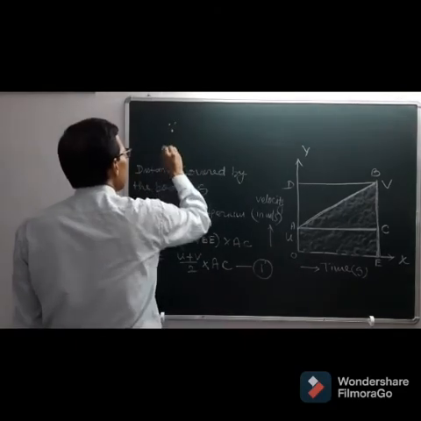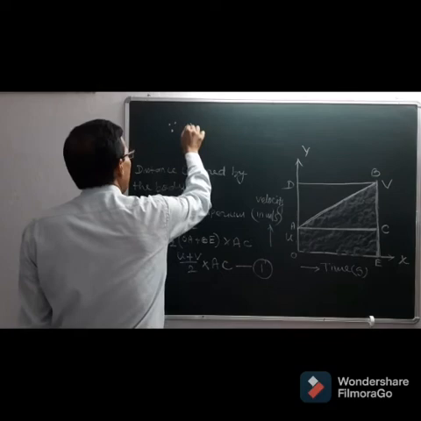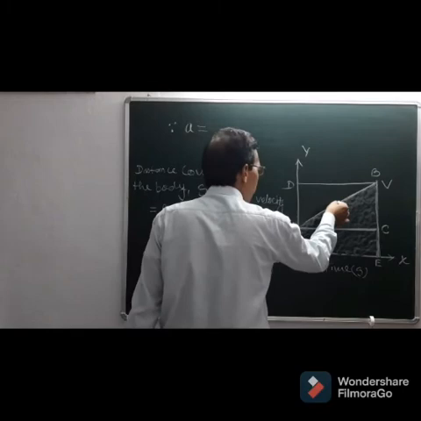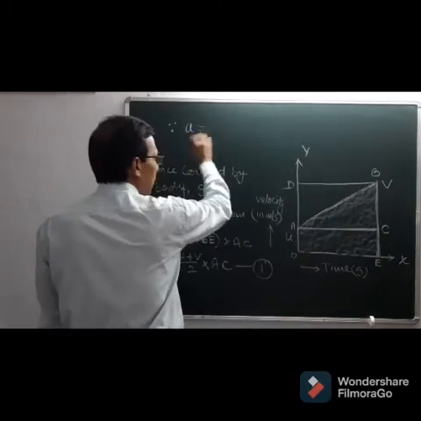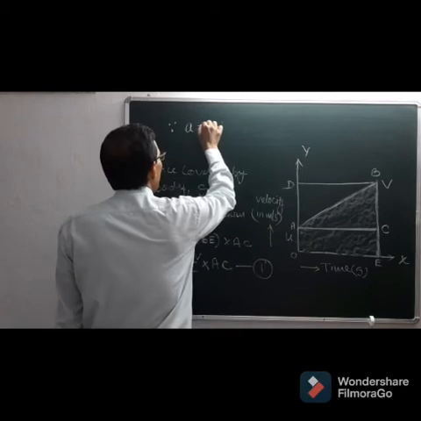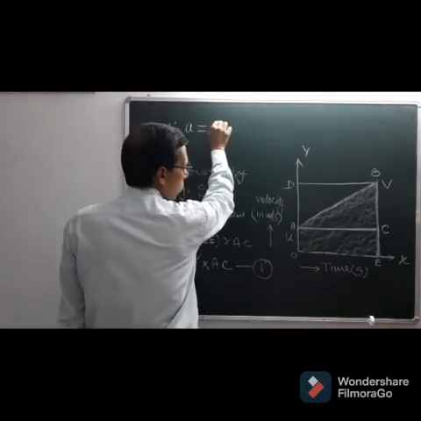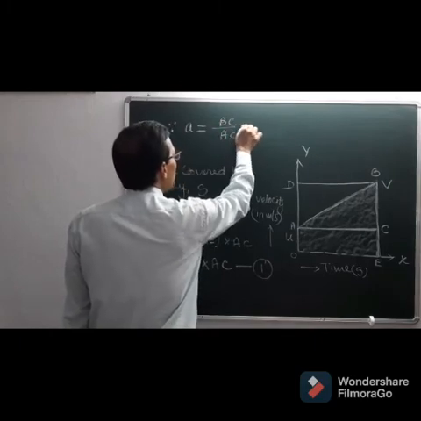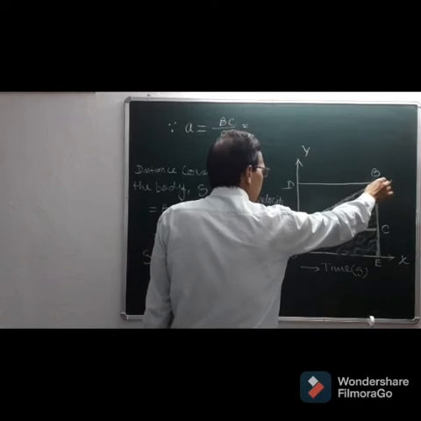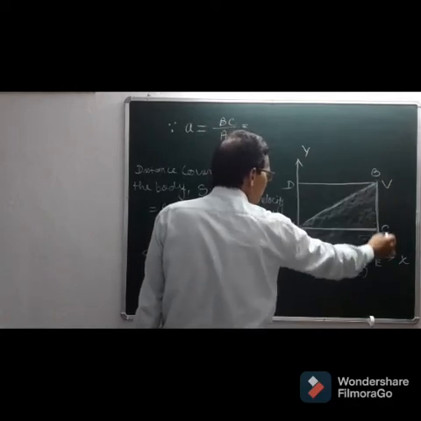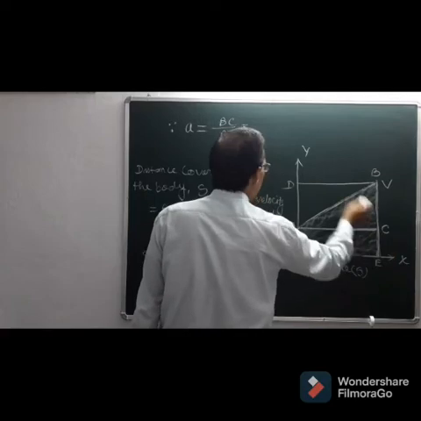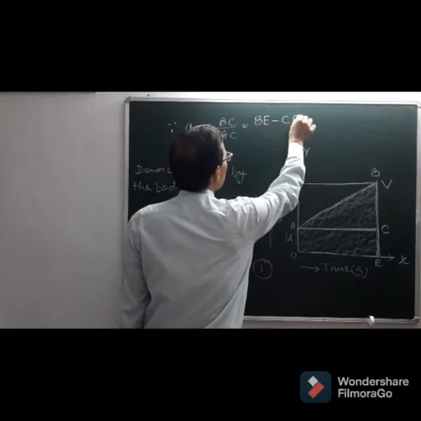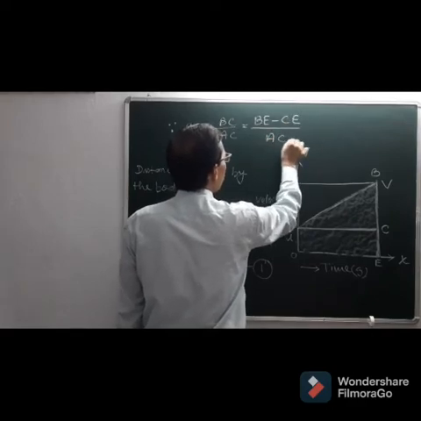Since acceleration, all of you know, is equal to the slope of the straight line AB, acceleration of the body, A, is equal to BC by AC. In this figure, we can write for BC, BE minus CE, by AC.